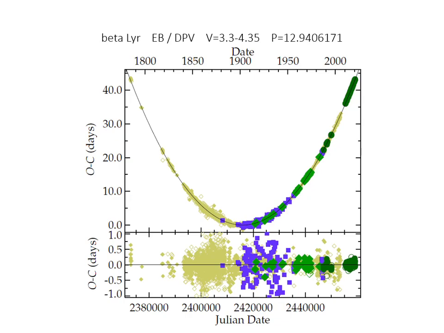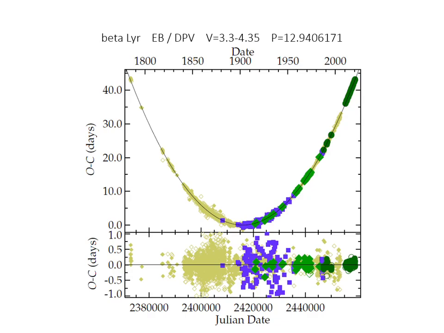So the O-C residuals here are simply the difference from what you would expect if the star had a constant period. Now the line is a parabolic fit to the data, and that is what you would expect if the star is constantly changing at a completely regular rate, and all the evidence suggests that the period is changing in a completely continuous, smooth, and regular way.